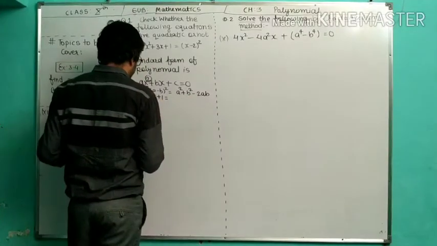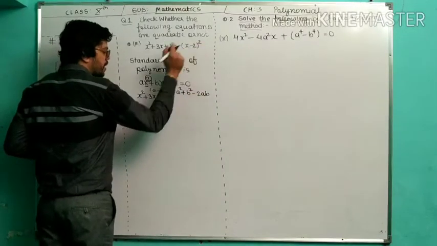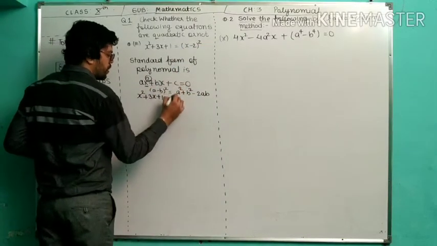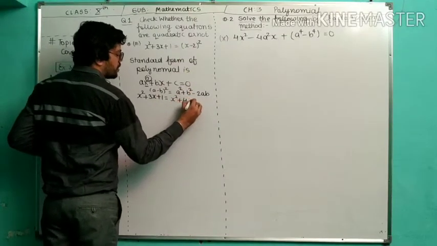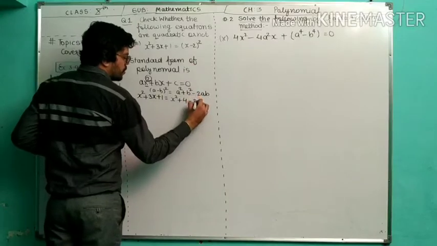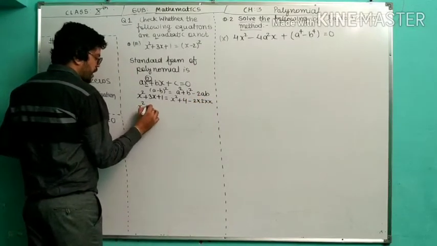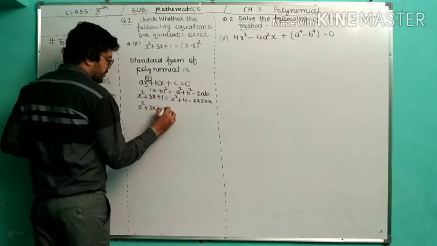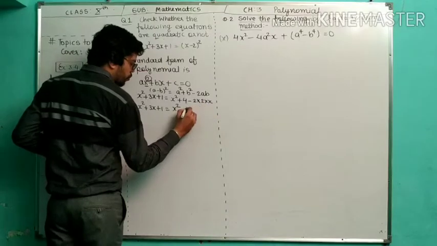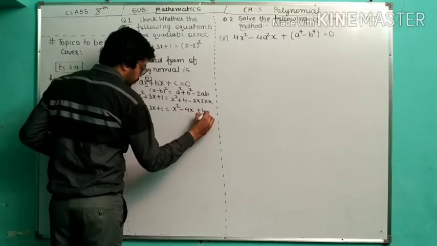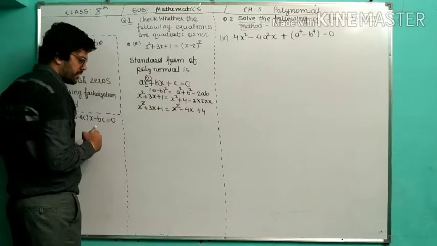So that means x square plus 4 minus 2 into 2 into x, that is x square plus 3x plus 1, x square minus 4x plus 4. So x square and x square are going to cancel.